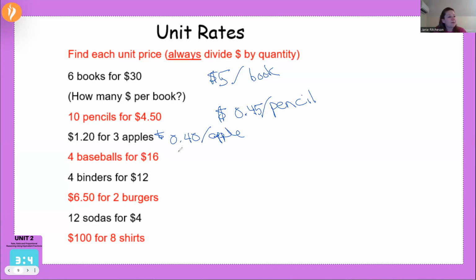Four baseballs for $16. It's going to be $4 per baseball. 4 binders for $12. That's going to make them $3 per binder. $6.50 for 2 hamburgers. Well, half of that's going to be $3.25 per burger.